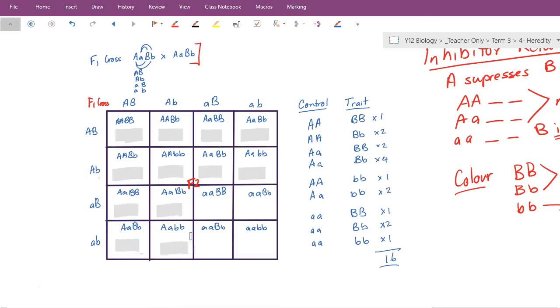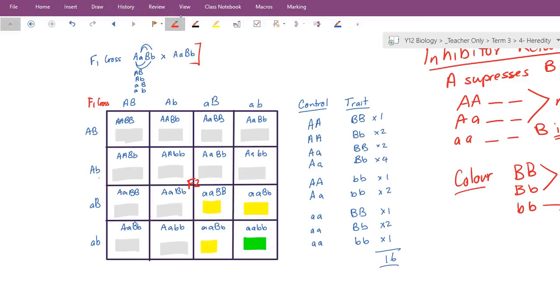The only time you're going to get color is down here where your A is recessive. Now remember, big B or big B little b, the dominant color is yellow. So these guys here are going to be yellow, and this one here is going to be green. Notice we have a new ratio that's just come up.